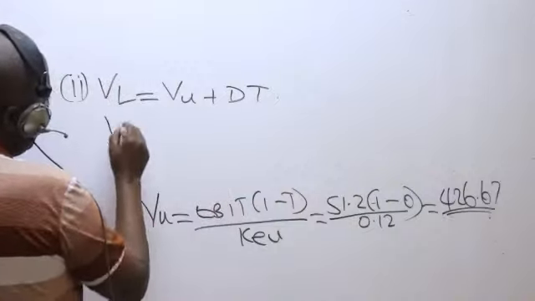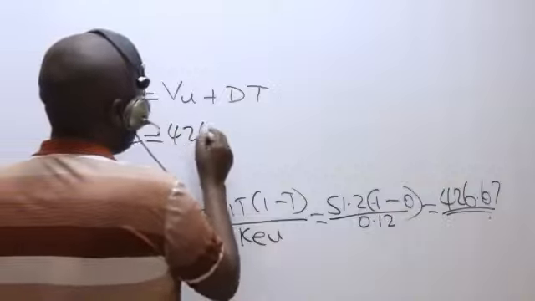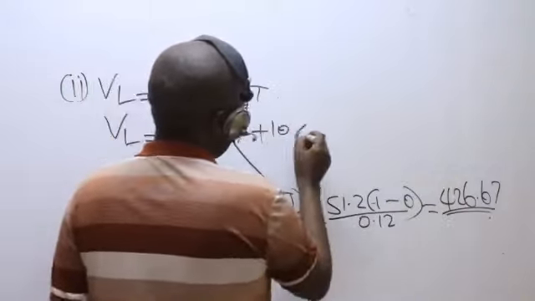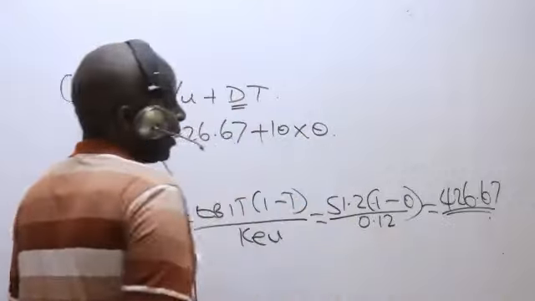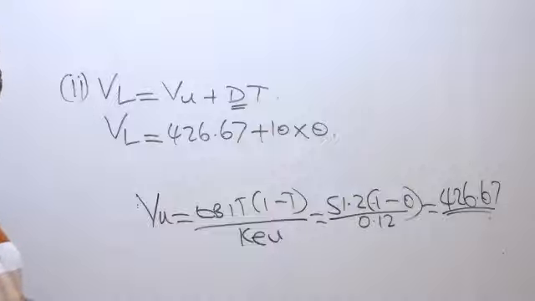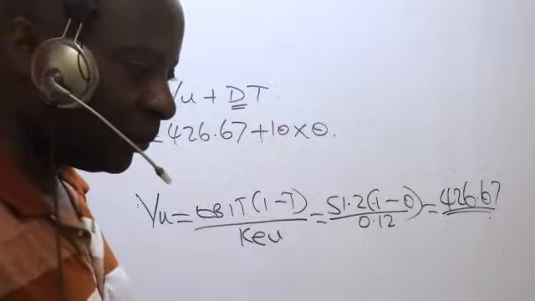So we say value of a levered firm equals value of unlevered, which is 426.67, plus debt. Debt is 10. And because they have told us without taxes, I'll use 0 there. I'll get your answer. So at the end of the day, what figure are we getting?